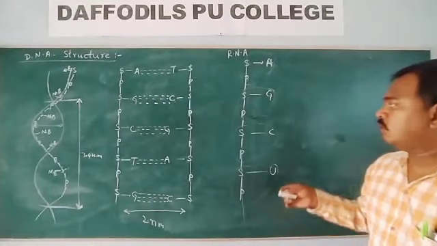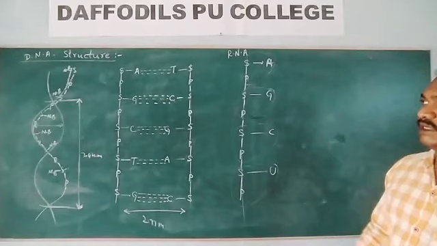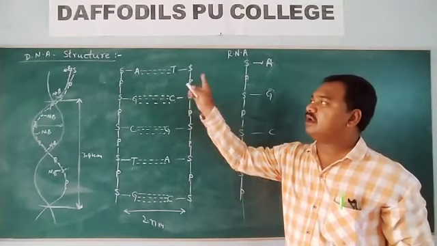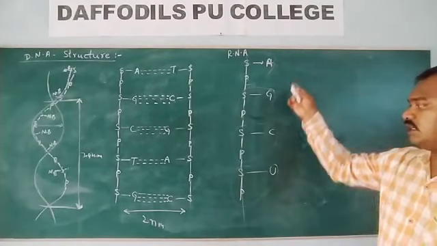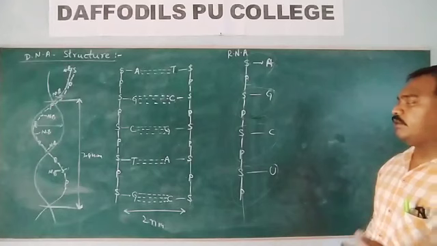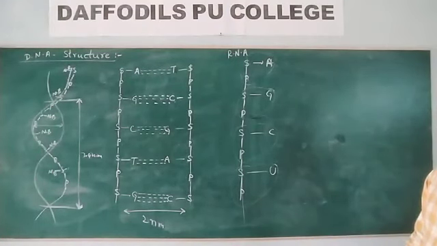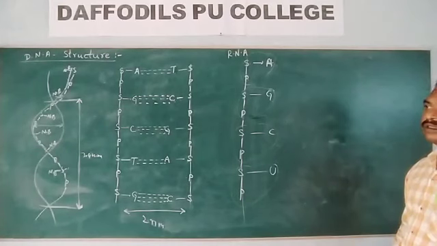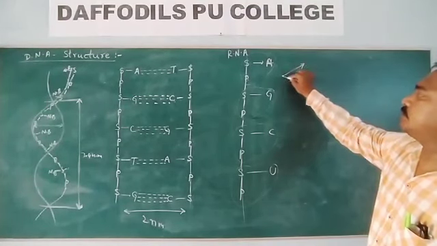So there is no equality between these nitrogen bases. In DNA, adenine content is equal to thymine, and guanine content is equal to cytosine. But here you can't see the same proportion of different nitrogen bases. That is one of the major differences. Now this RNA is again of three types.